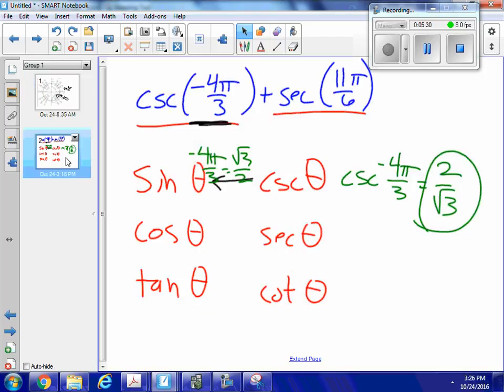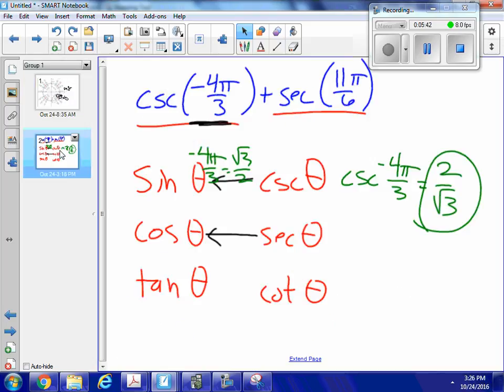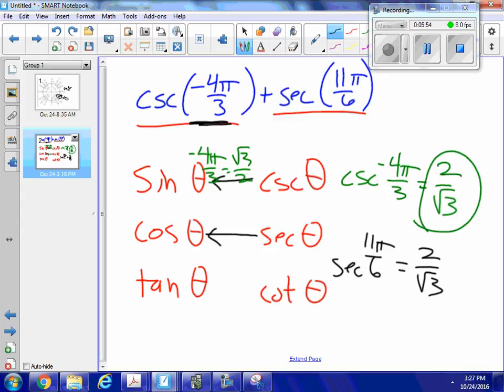And going over to here in my 6-pack, I can see that secant is the reciprocal of the cosine. So I go back here, I see my cosine is radical 3 over 2. Well, then the reciprocal of that, so secant 11 pi over 6, also happens to be 2 over radical 3.